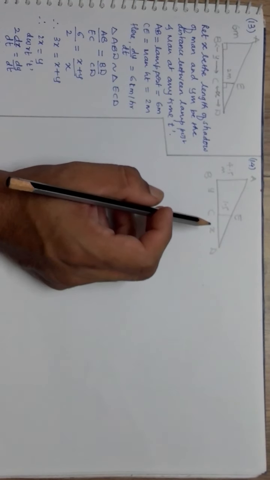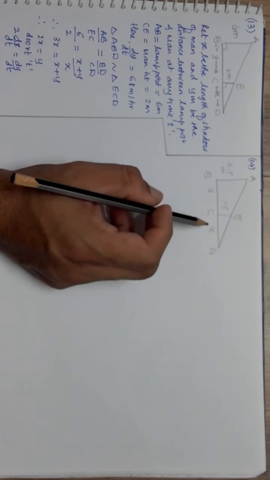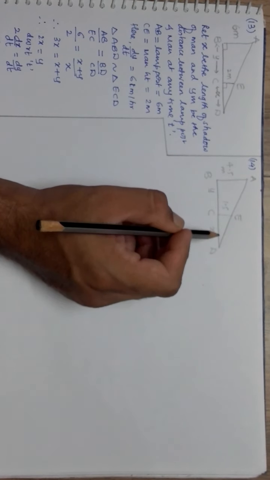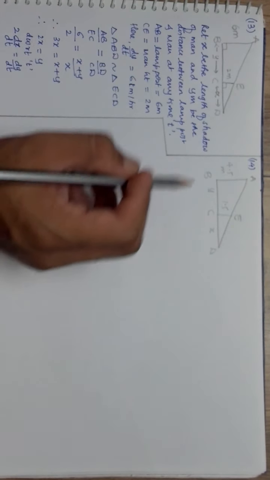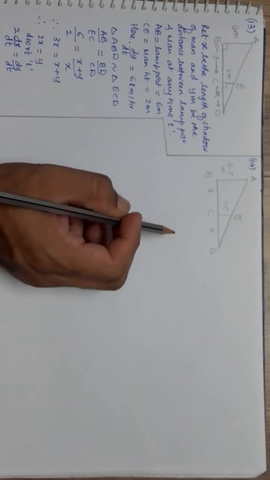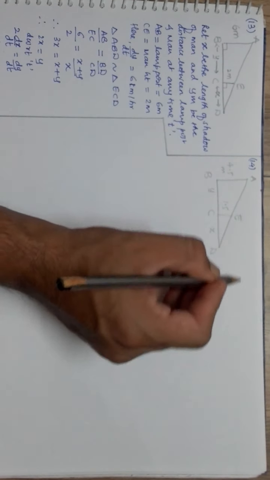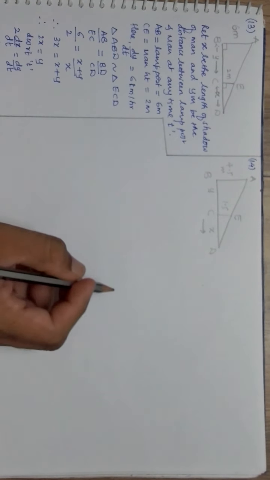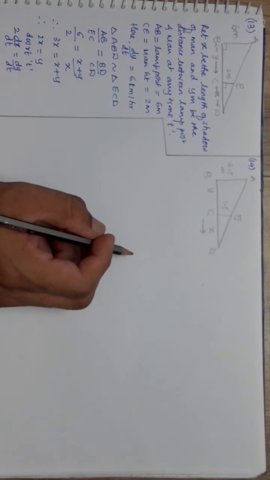Find the rate at which the shadow is shortening. Shadow is shortening, that means this man must walk away from the lamp post. So there is a mistake in the word over here. It should be away, not towards. Away from the lamp post means he must walk towards this direction.